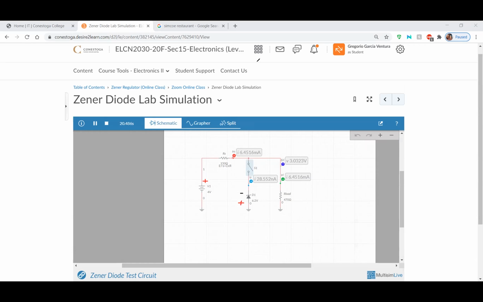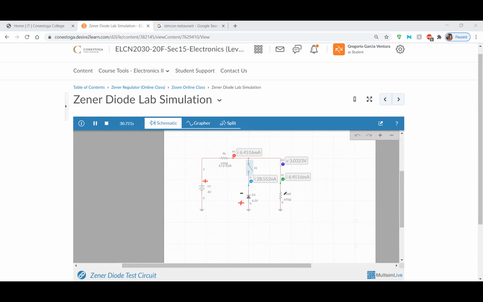The reason it's connected like that is because the Zener diode will not work until our Zener voltage has been reached. Once the Zener voltage has been reached, the Zener diode is going to kick in. Because it's connected in parallel with our load, there's a rule that says that in parallel circuits, all branches are going to have the same voltage. That's more than a rule, it's kind of a law, because it always happens to be true.